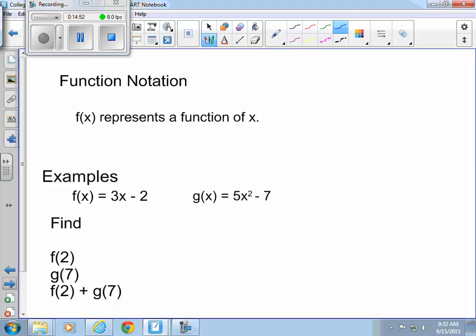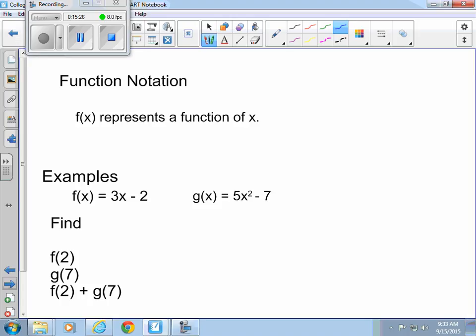Now this is a little bit more in our wheelhouse, our familiarity zone. We know how to do this, right? This is just another notation for the same thing, or another representation of the same thing we did on the last slide. We now have an equation for the function. I could graph that equation, couldn't I? When you plug in the 2 for x, that gives you the y value when x is 2.